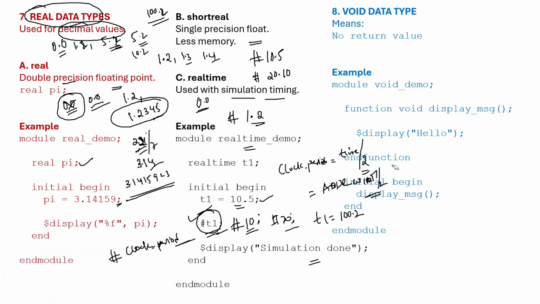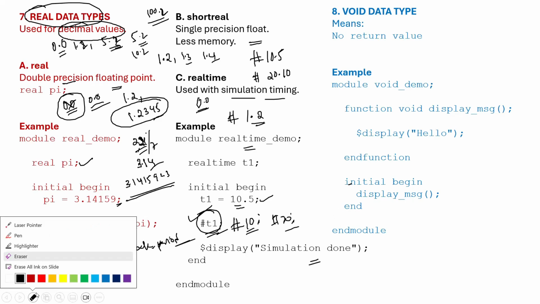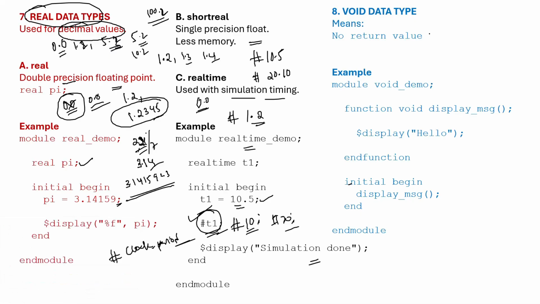So what is the use of void function? What is the main difference between a function and a function void? Every time in SystemVerilog we are using this void. Suppose I'm using a method call, this is my method, function void display. It is used only for storage purpose or display purpose.